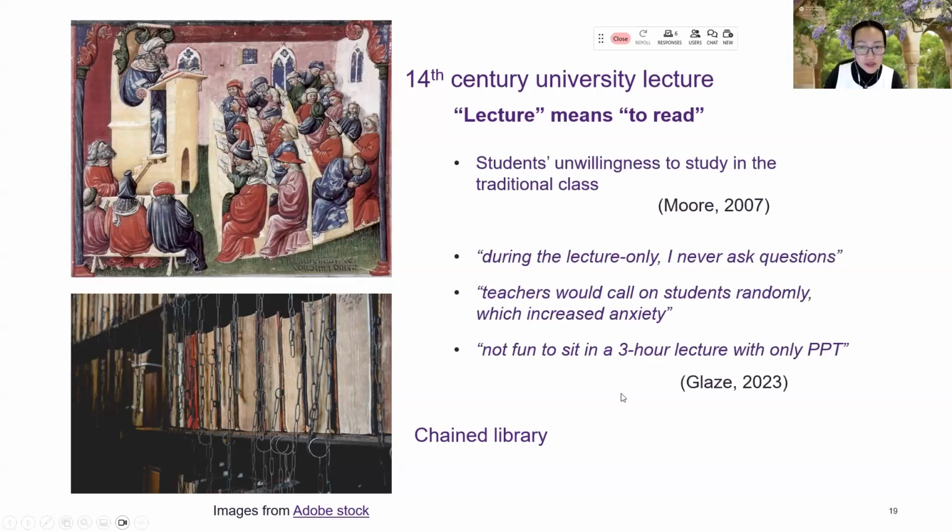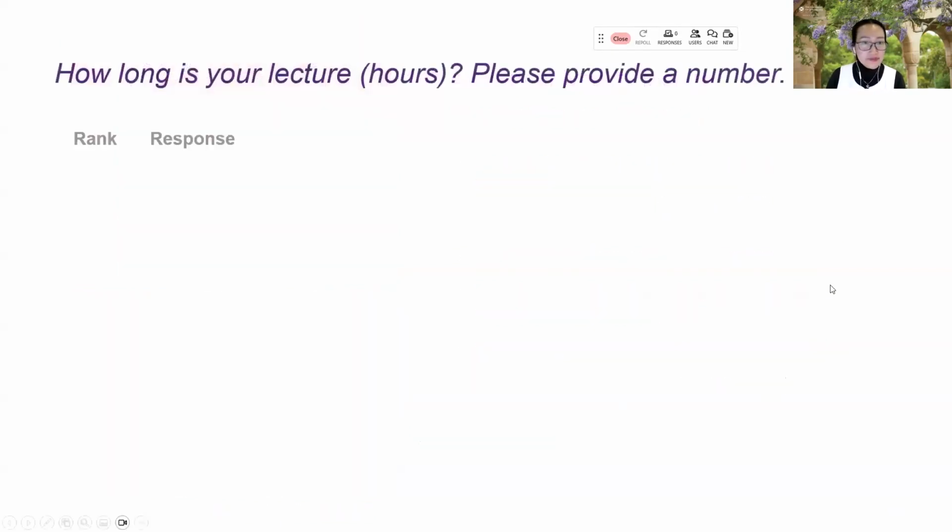Recent research shows that students are very unwilling to study in the traditional classroom style. During the lecture, only a few students randomly ask questions, and they might feel very anxious if the teacher calls on them. And obviously, it's no fun to sit in a 3 hour lecture with only a PowerPoint presentation.